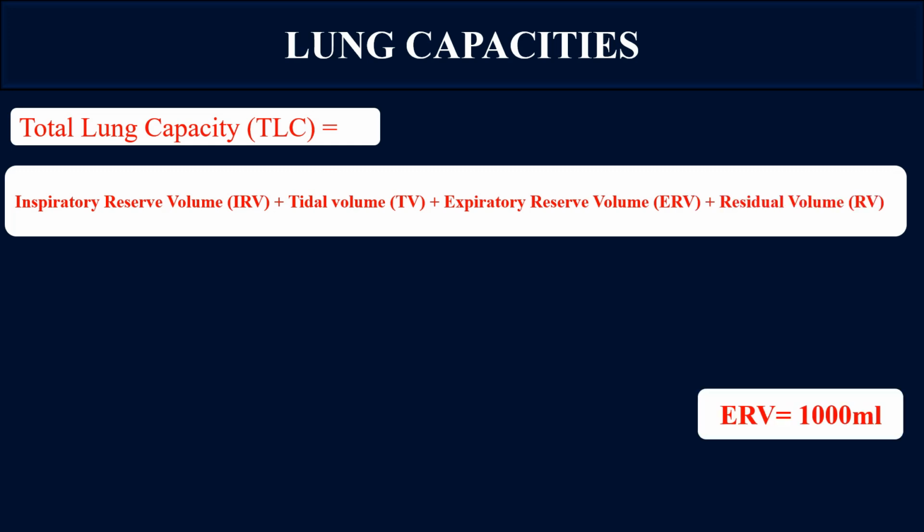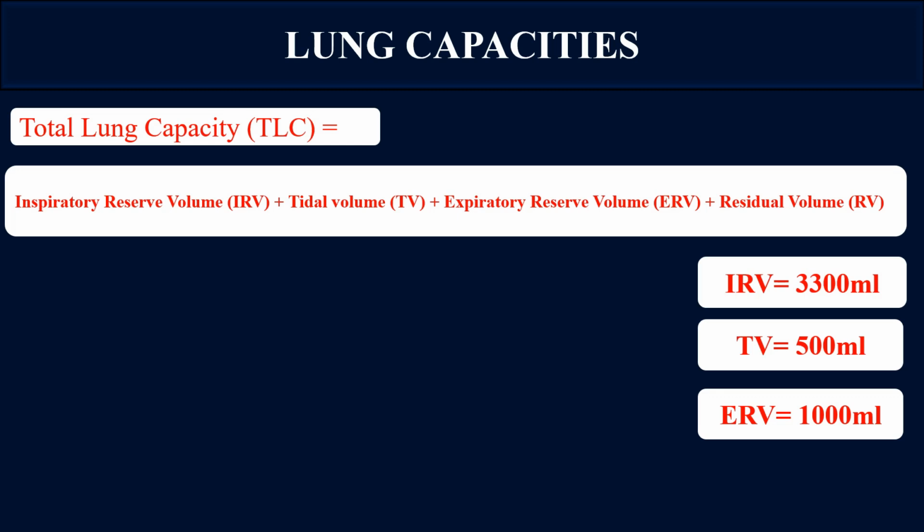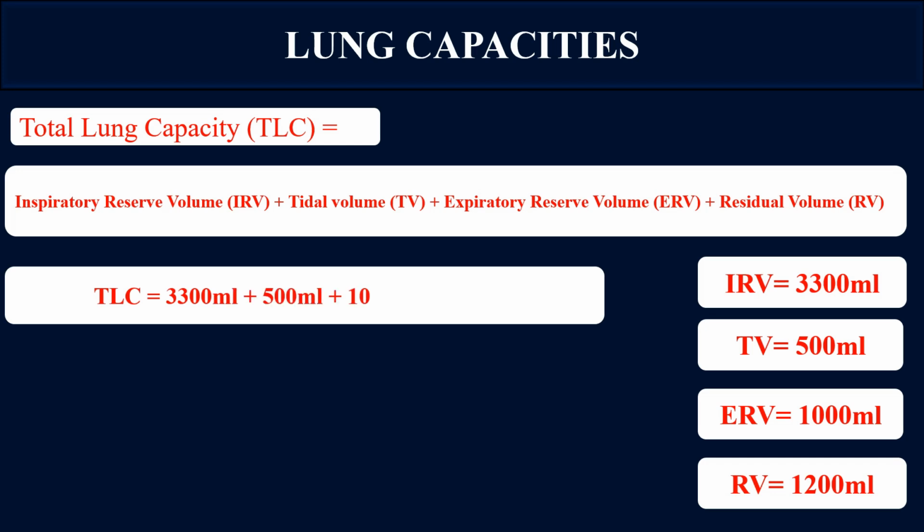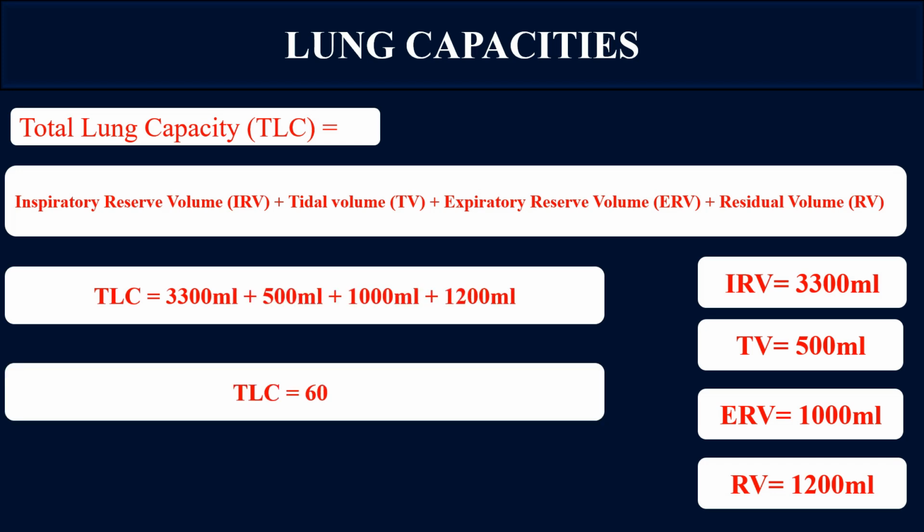As we know the normal values, expiratory reserve volume is 1000 ml, tidal volume is 500 ml, inspiratory reserve volume is 3300 ml, and residual volume is 1200 ml. Let's put these values into this formula. We will get the total lung capacity equal to 6000 ml. So the normal value for the total lung capacity is 6000 ml, as it is the combination of all of these.